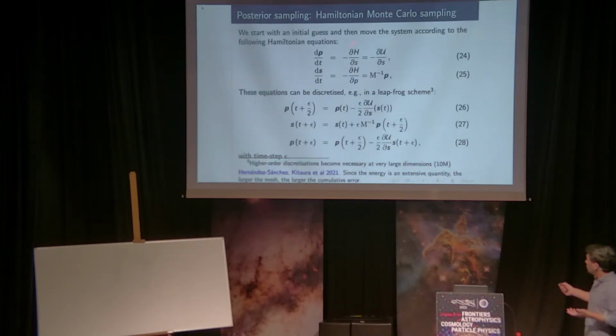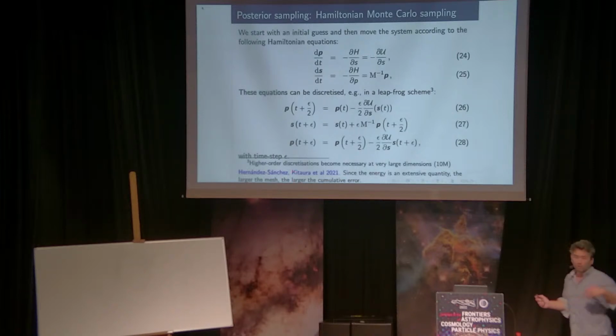What you have to do is evolve the Hamiltonian system, and these Hamiltonian equations have to be discretized. This is the usual discretization, the leapfrog scheme. But we showed that when you go to 10 million dimensions or larger, higher order discretizations start to become necessary, or at least some very large improvements, because otherwise you need thousands of iterations just to burn the chain.